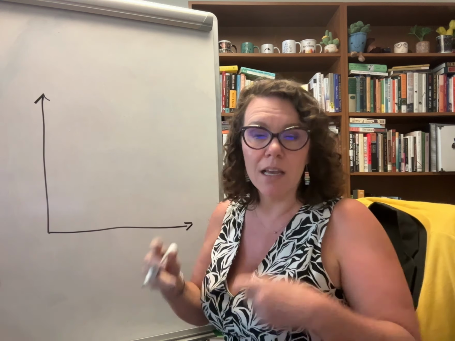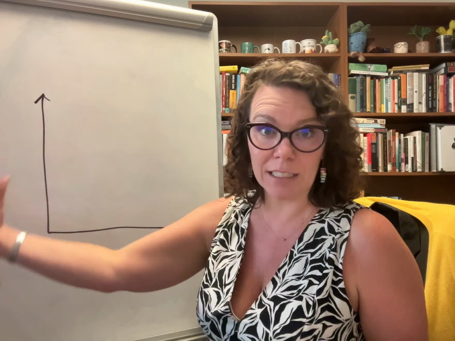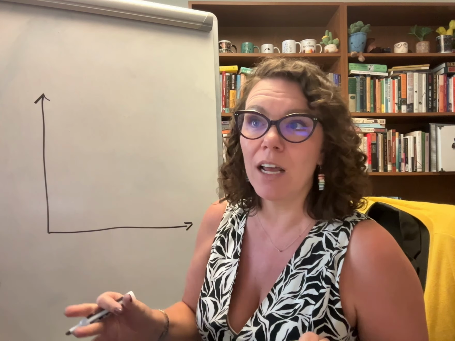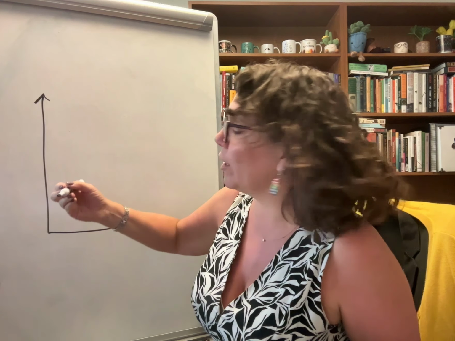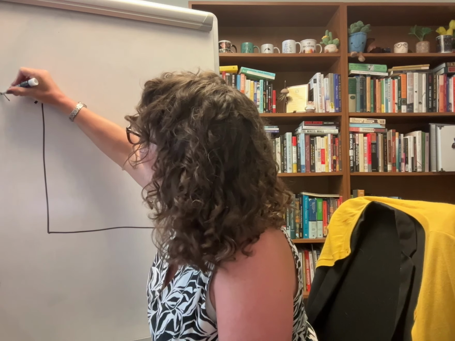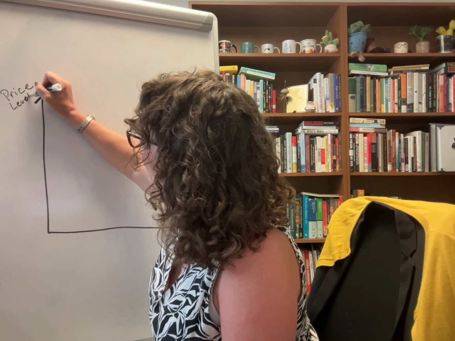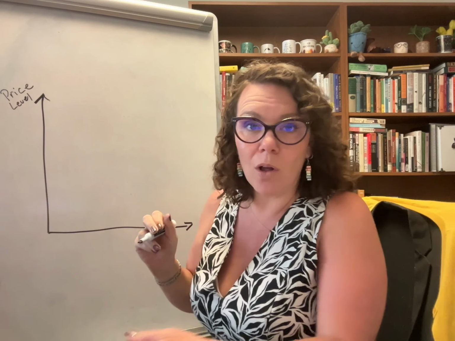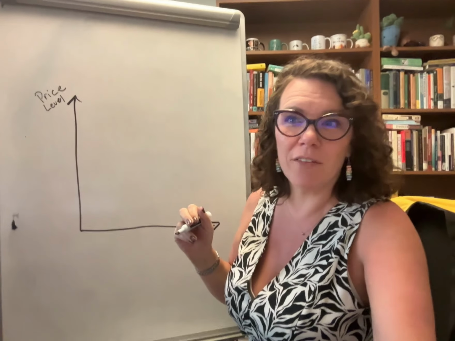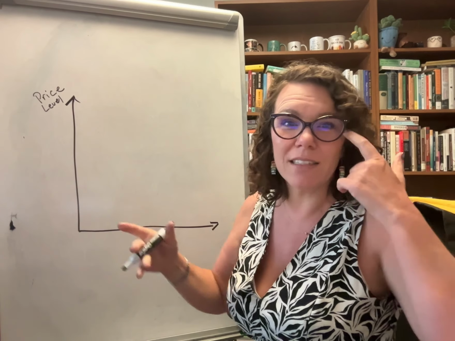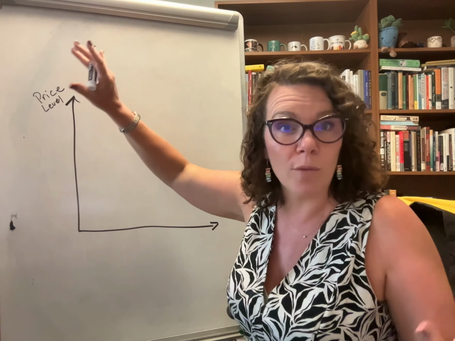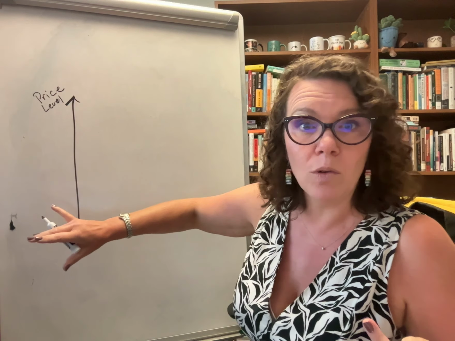But because now we're looking at aggregate supply and demand for the entire economy, we're not just going to look at prices. We're going to look at the overall price level for an economy. So all the prices. This is basically our measure of inflation. Does that kind of make sense? Like how high is the price level going for all the prices of goods and services, or how low?